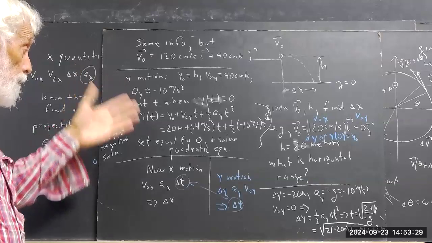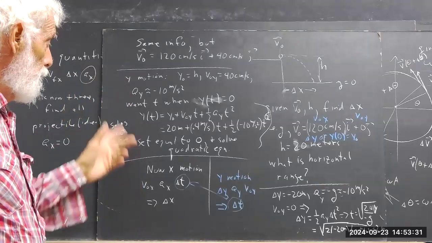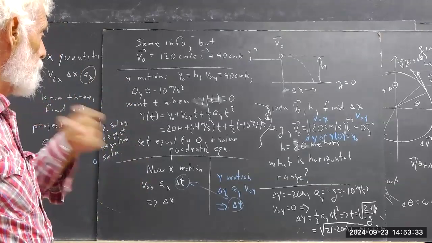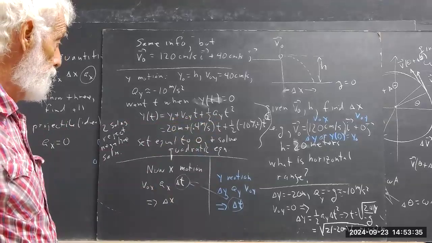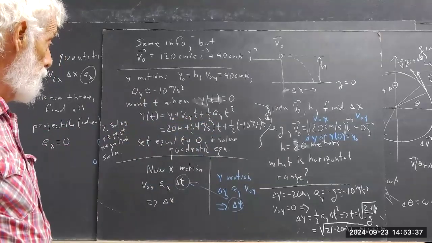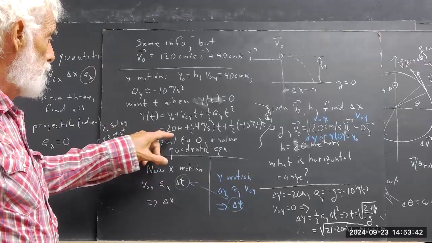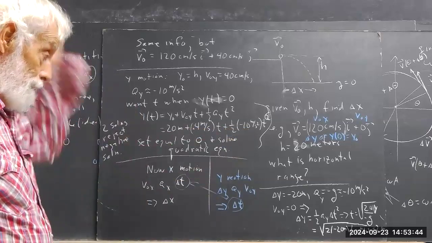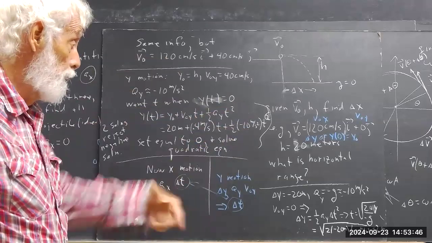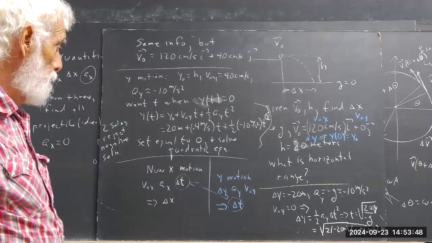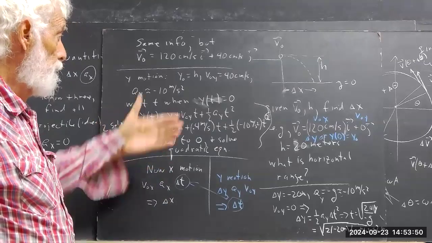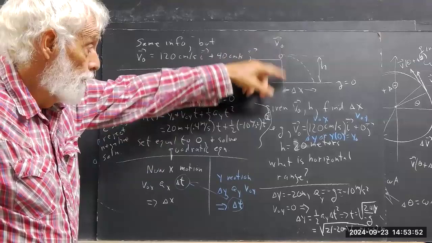So anyhow, we solved the y motion. In this case, that's a little more complicated. If we use the third equation of motion, your y of t is going to be a quadratic in t. If you're solving for t, you let y equal 0, so you find the time when the thing hits the ground.